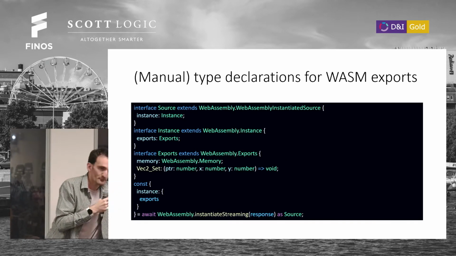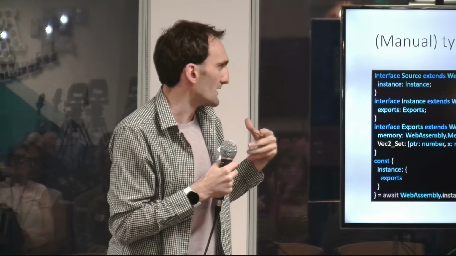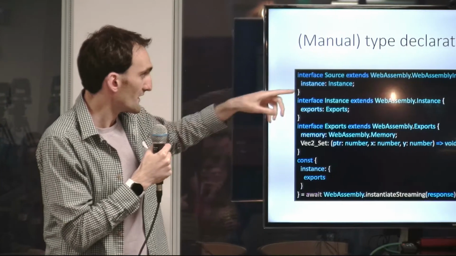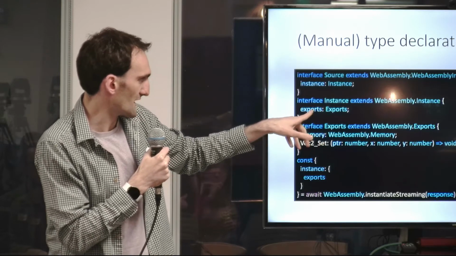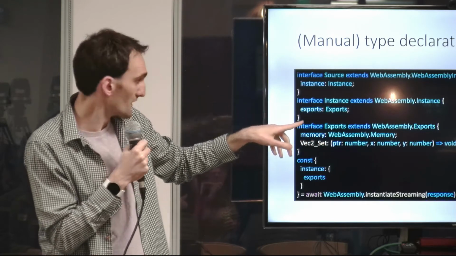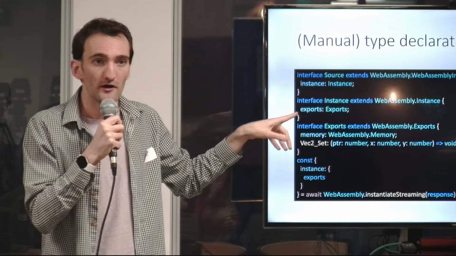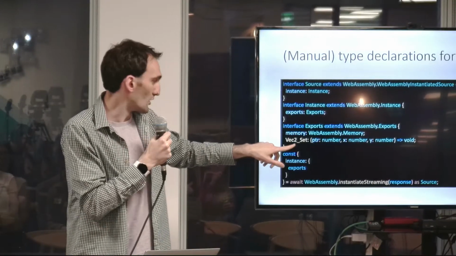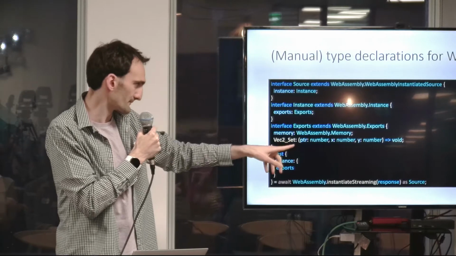We say that the program you've executed will not be just a boring old WebAssembly source. It'll be a subclass of source. It'll have a subclass of instance, and the exports will be subclass of exports. And we will say, you can expect to find this method on that WebAssembly instance.